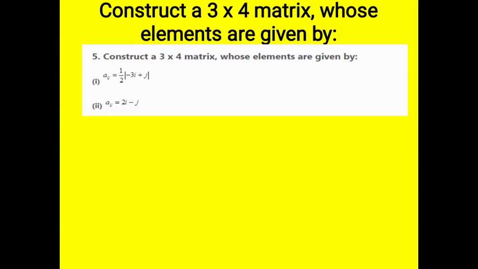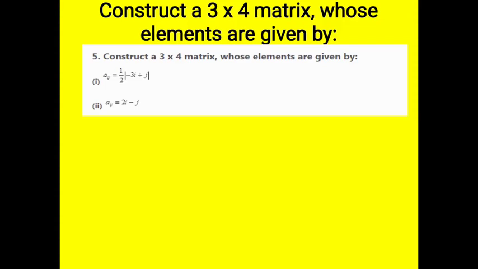So in general, what is the first element? That is a11. So in the place of i and j, you will put 1. When you put i equal to 1 and j equal to 1, you will get the first element, that is a11. After that you have to find out the second element a12. What is the meaning of a12? That is first row, second column. So in the place of i you will put 1, and in the place of j you will put 2.